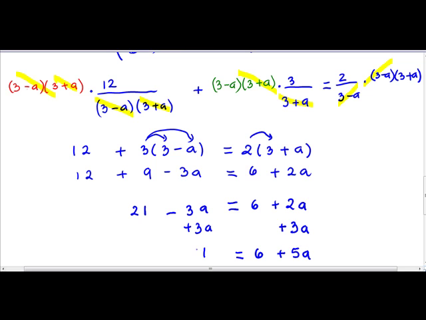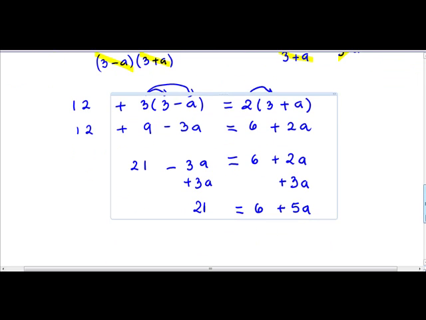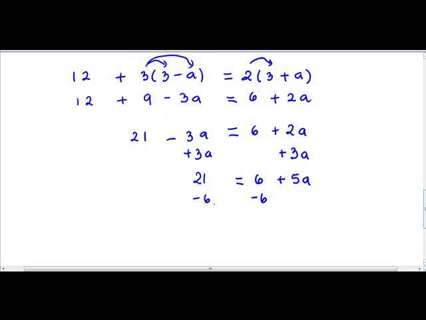Over here I have 21 left. Then to solve for a, we'll minus 6 both sides. Now I divide by 5. So a is equal to 3. I can cancel out.